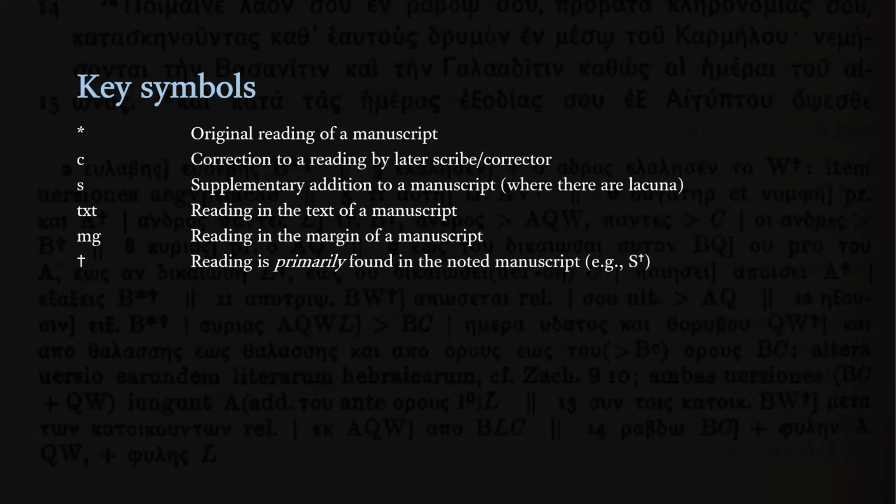It may be found in some later minuscules. Rahlfs doesn't show that data. We'll see that in the Göttingen editions. So it's mainly or primarily found in this given manuscript. So it's, in a certain sense, perhaps a unique reading as opposed to something that might be shared by multiple scribes. So that's sometimes important information.